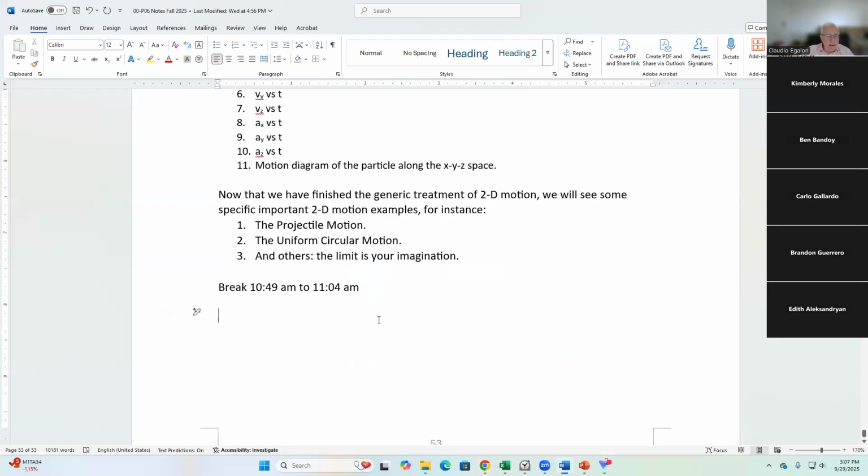And let's define what's the definition of projectile motion.